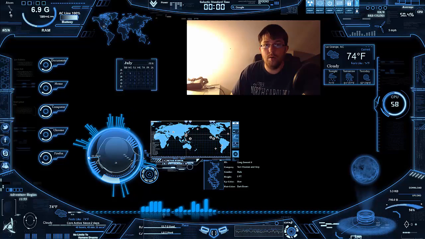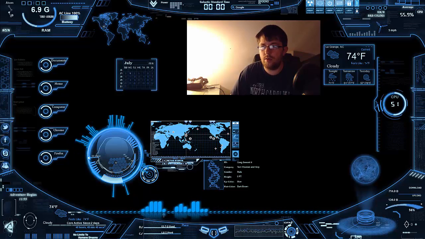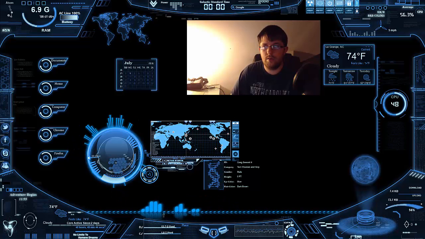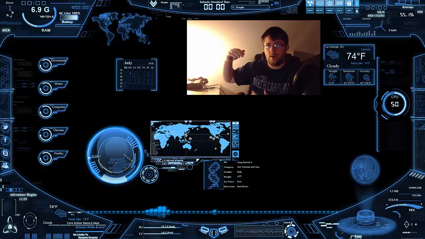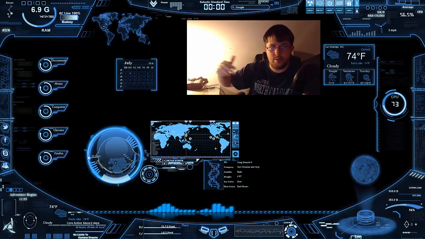But the way that you can look at that stuff, and this goes into the operating system side of things, or the software side of things, is drivers. Make sure they're all up to date.